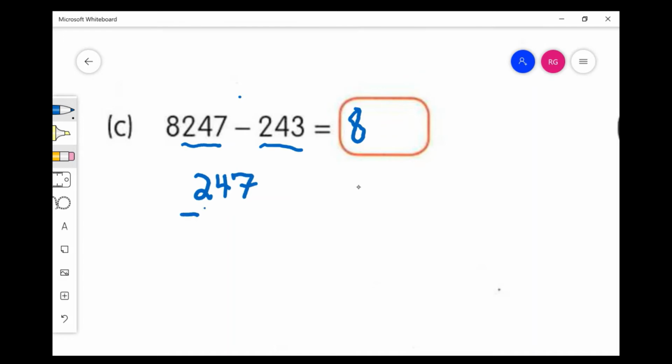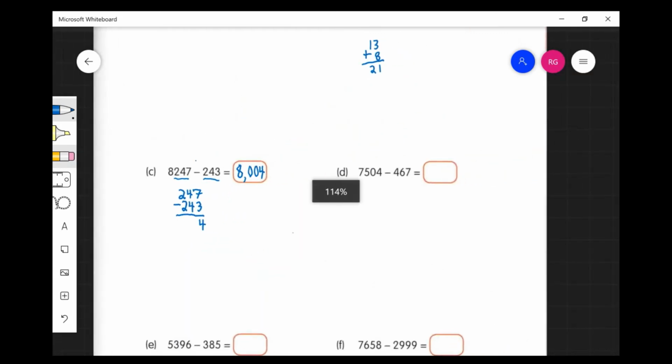I think this in my mind. And that looks like the answer to that part is 4, right? So the actual answer here should be 8,004. All right, and that does it for part C.